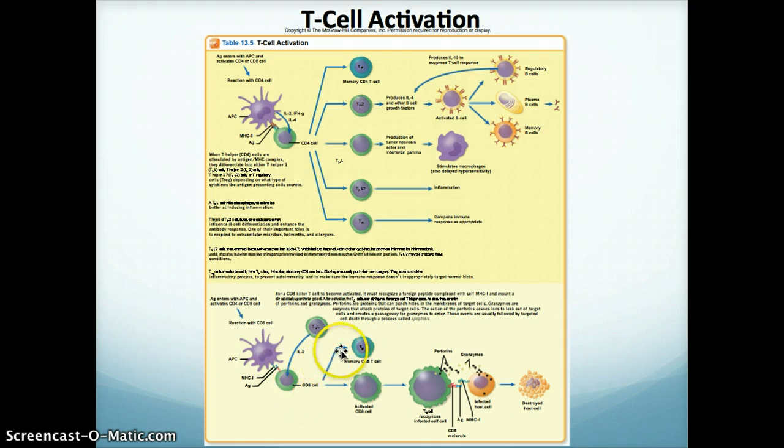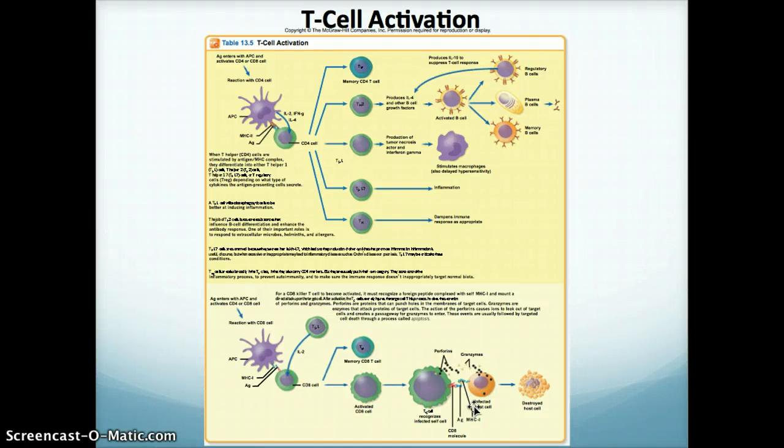It will go on to make memory cells for if this antigen invades again, and it will activate CD8 cells. These CD8 cells then will recognize the infected cell as self, but recognize also that it needs to be destroyed because it's either an infected host cell or perhaps a cancer cell.